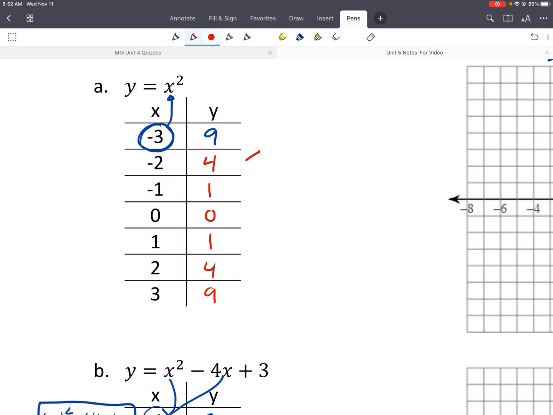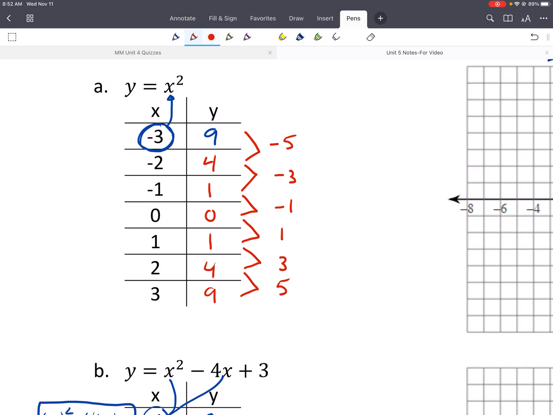The difference between 4 and 9, so 4 minus 9, that would give us a negative 5. 1 minus 4 gives us negative 3. 0 minus 1 gives us negative 1. 1 minus 0 gives you 1. 4 minus 1 gives you 3. 5 minus 4 gives you 5.